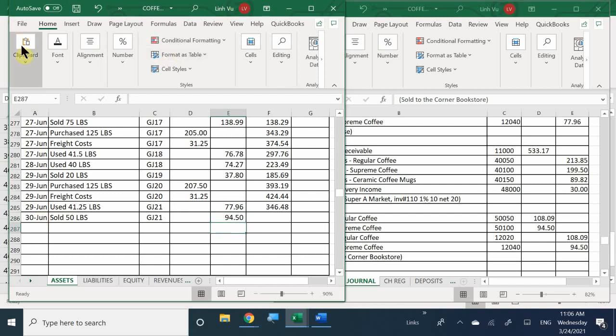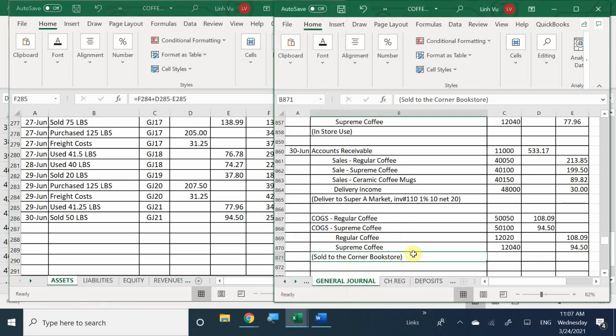So therefore, what should be my ending balance? 251.98. It was exactly what we solved in our inventory worksheet. Okay, so I'm gonna go ahead and fix this minor mistake because I went back too much. Okay, to Super A Market.